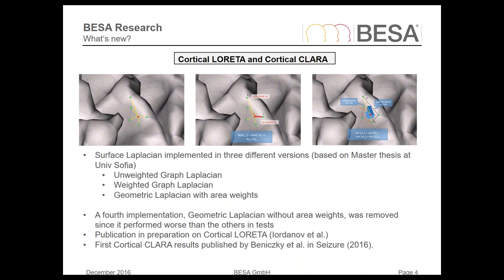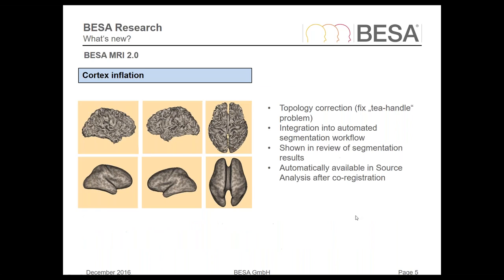We only keep the 90% of nodes with the highest signal. We can also weight the image of the current iteration with the result from the previous iteration. And this will gradually focus the result to the underlying generators. A first publication using this was out this fall in the journal Seizure, which compared cortical Clara and other imaging methods in several epilepsy cases.